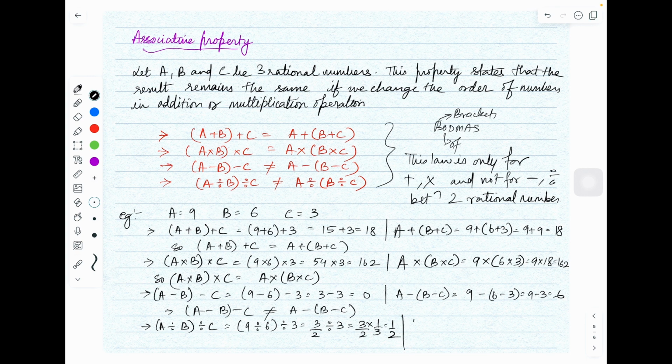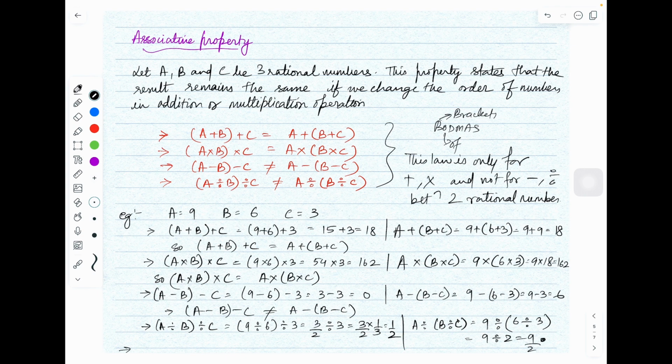Similarly, I am writing again a ÷ (b ÷ c). Okay, a is 9 divided by b is 6 divided by c is 3. 6 divided by 3 is 2. 9 divided by 2, that is 9 by 2, you are getting 9 by 2 as the answer.